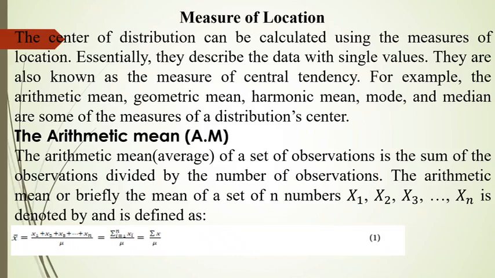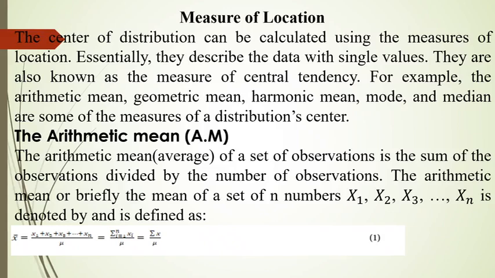So the arithmetic mean, or briefly the mean of a set of n numbers x1, x2 up to xn is denoted and defined as x bar. When we want to calculate the mean, we use x bar as stated in equation 1. So x bar is what we use to denote mean. X bar equals x1, which is our set of observations given, x1 plus x2 plus x3 up till the last observation given, say xn, all over n.